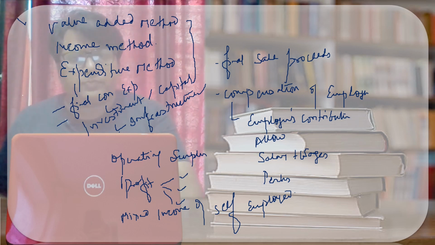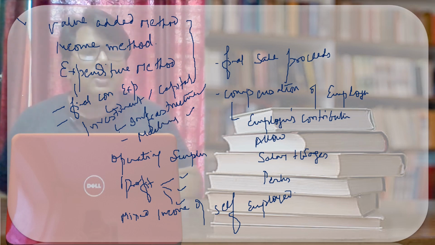Second is purchase of machineries, which should be considered, because this is the investment made by the firm. From the household, we can say that investment on land, investment on house will be the investment or the capital formation made by the household. So I've written house or investment on land.